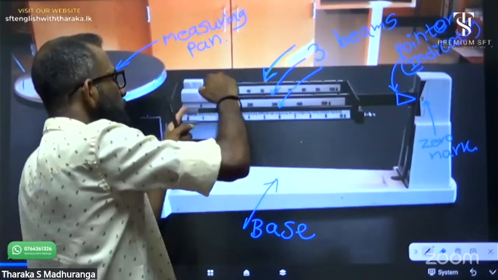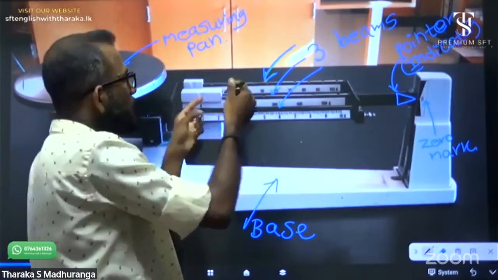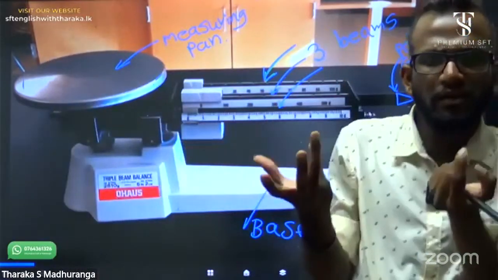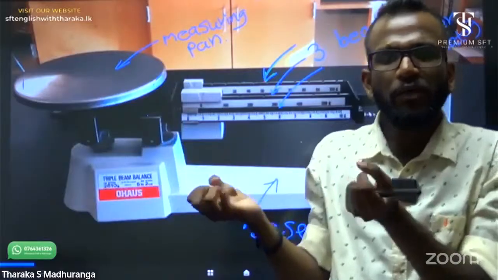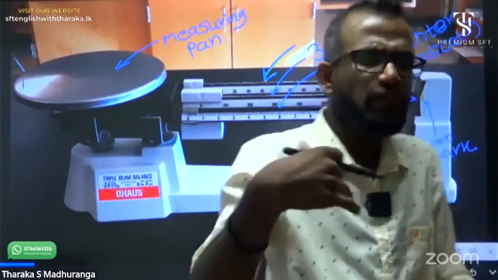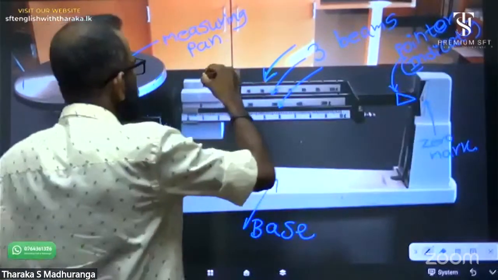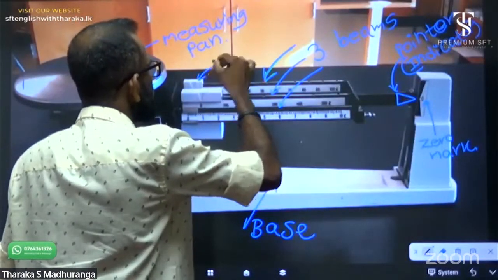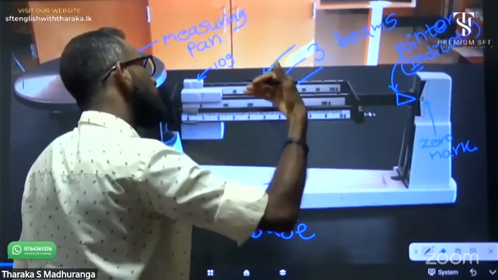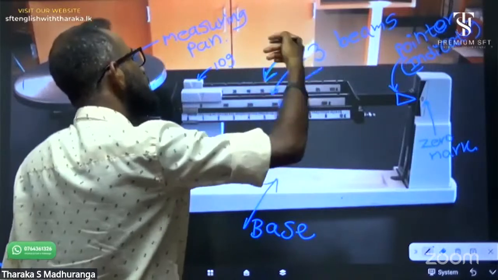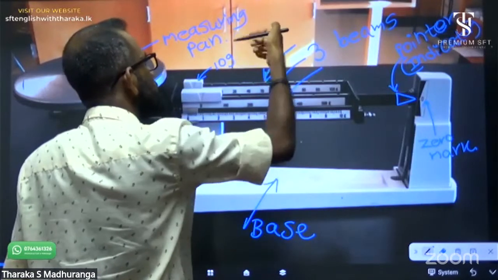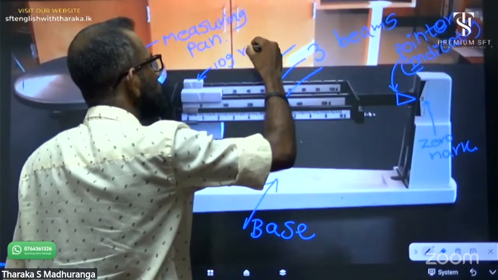Can you see that each lever bar contains some masses? We call them riders. I will explain why we call them riders. This is a 10 gram rider. Remember, the final, third beam rider is a 10 gram rider.